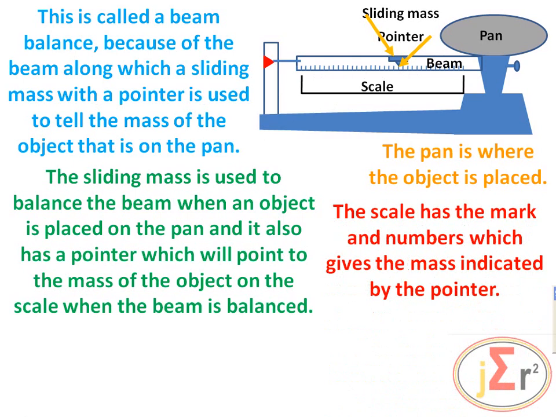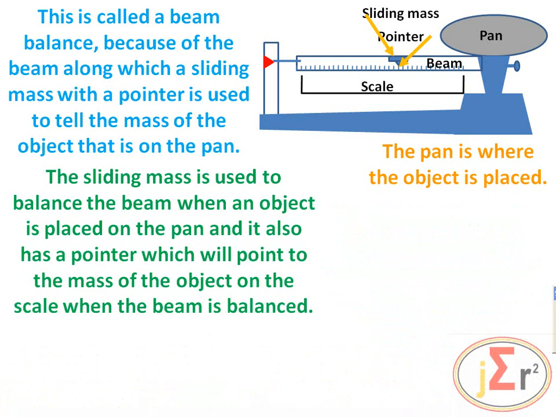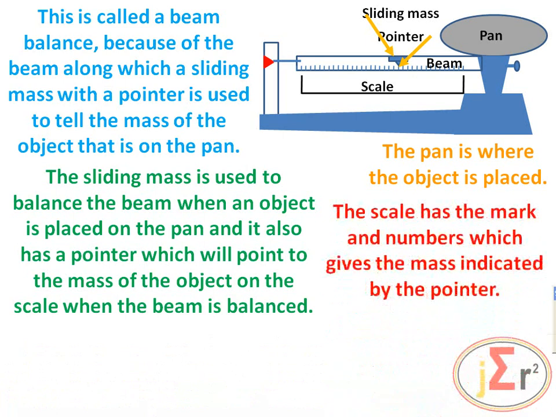So the scale has the marks and numbers which give the mass indicated by the pointer. So the scale is what we just discussed with the marks and the numbers.